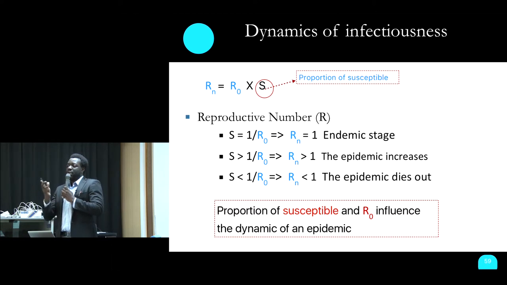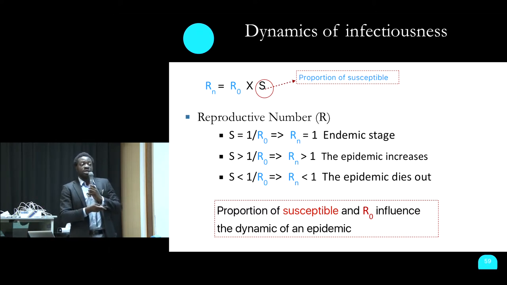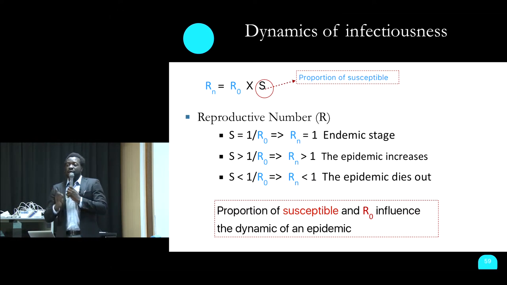But if many people are not susceptible, meaning that they are immune, the infection will not take off. So the proportion of susceptible and R naught are key parameters for any epidemic. Whenever you hear there is an epidemic, you should always think in terms of the proportion of susceptible and R naught to have an idea about what's going on.